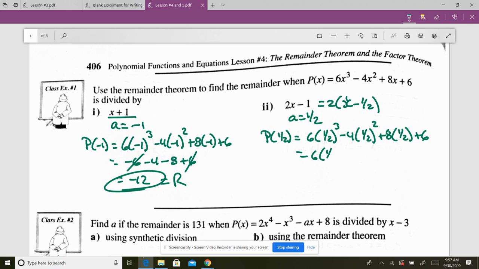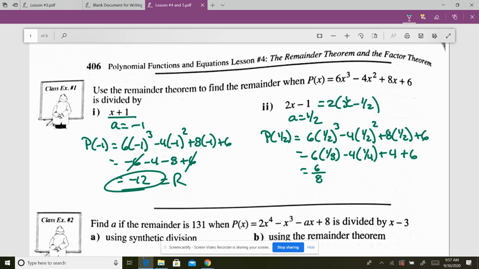So it's 6 times an 8 minus, what's a half squared? 1/4 or a quarter, plus 8 times a half is 4 plus 6. Six times an 8th is 6 over 8. What's 4 times a quarter?